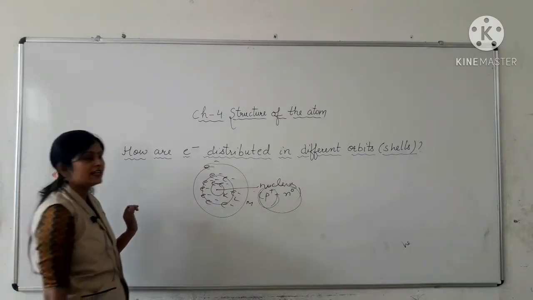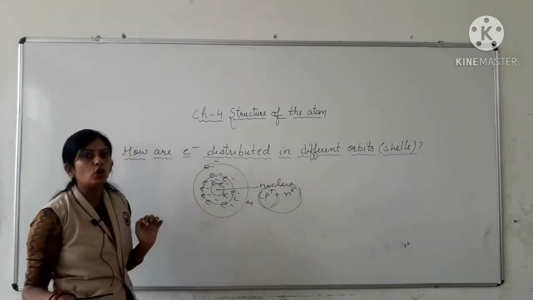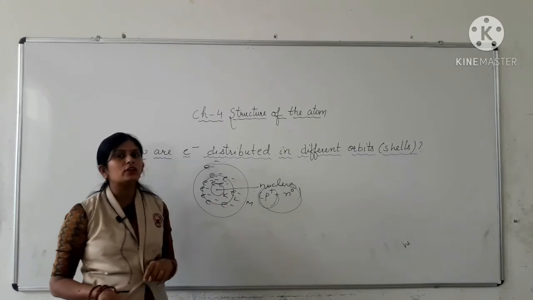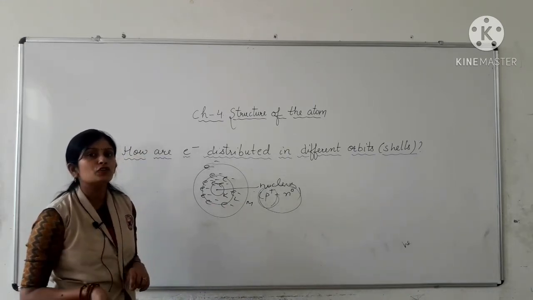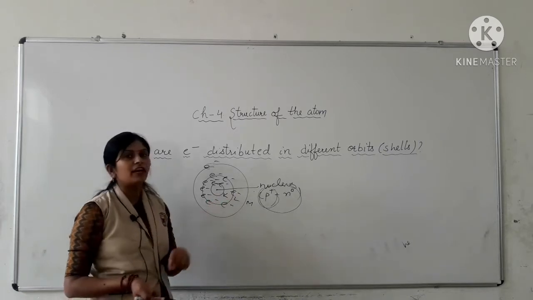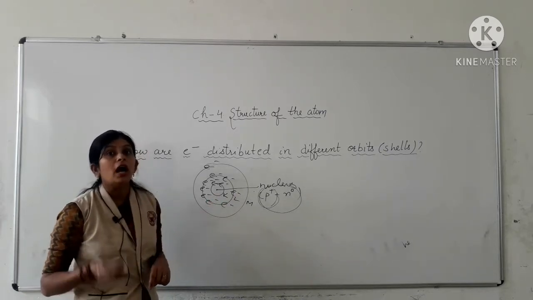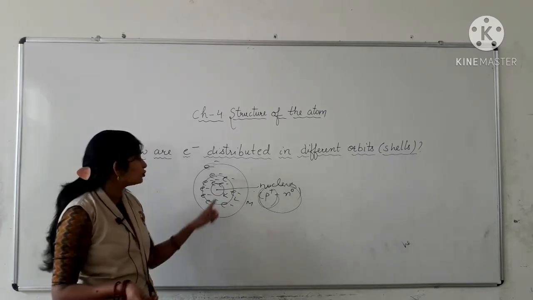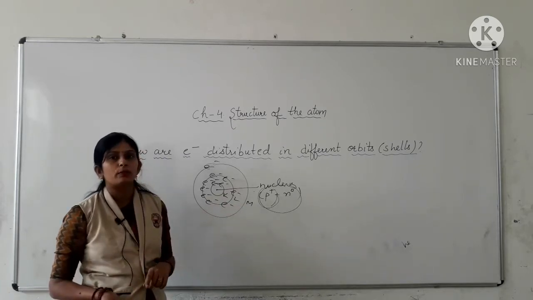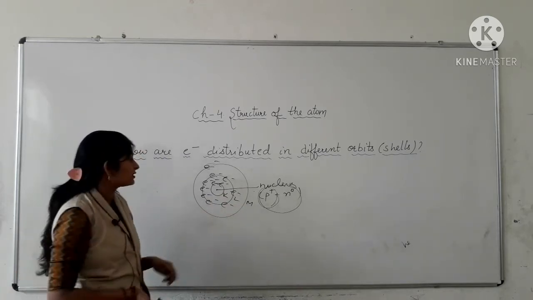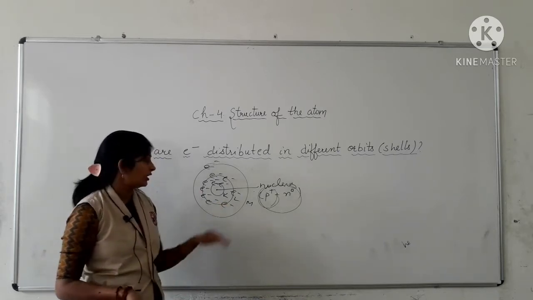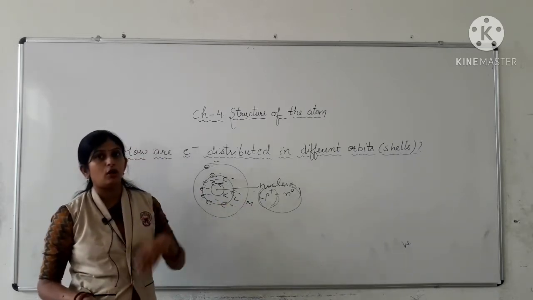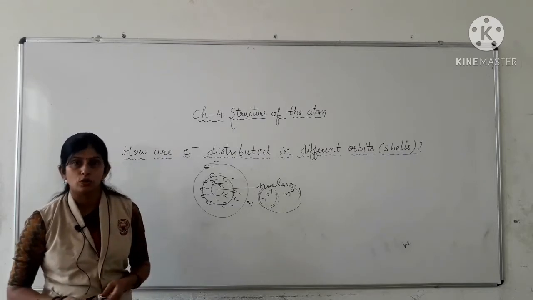Now question is, how can we know how many electrons are present in a particular shell? Means how are electrons distributed in different shells or orbits? How many electrons can accommodate in K shell, how many in L shell, how many in M shell and in N shell, and so on.